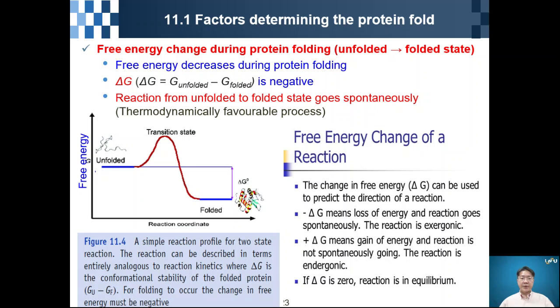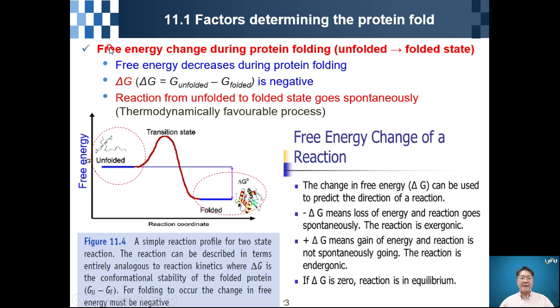In this slide, I will explain the free energy changes during protein folding from unfolded to folded status. This is the free energy of the unfolded protein, which looks like this. This is the free energy of the folded protein, which is very low, like this.